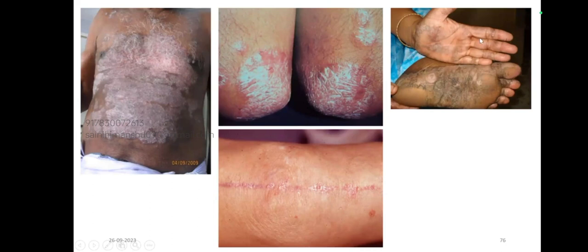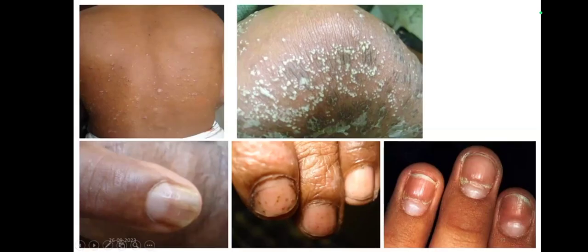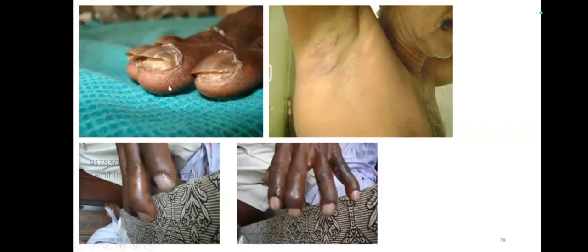The lady who is holding her palm and foot has palmoplantar psoriasis. The next one is guttate psoriasis, which is on the trunk. The next one is pustular psoriasis. Psoriatic lesions of the nails. This is onychomycosis.